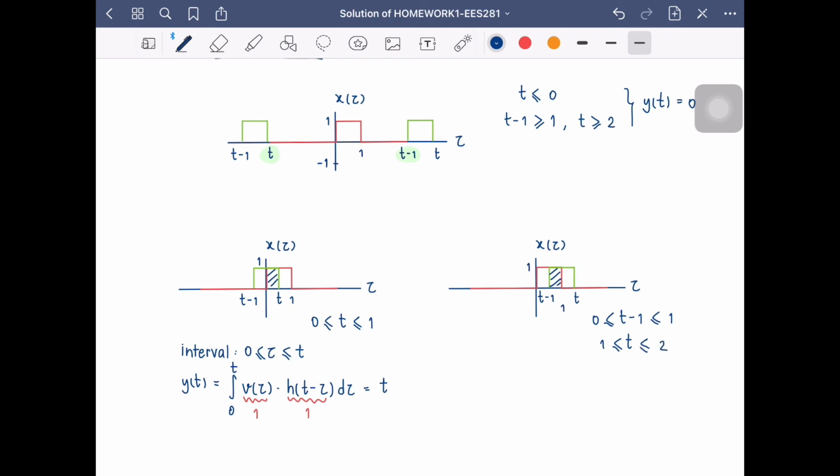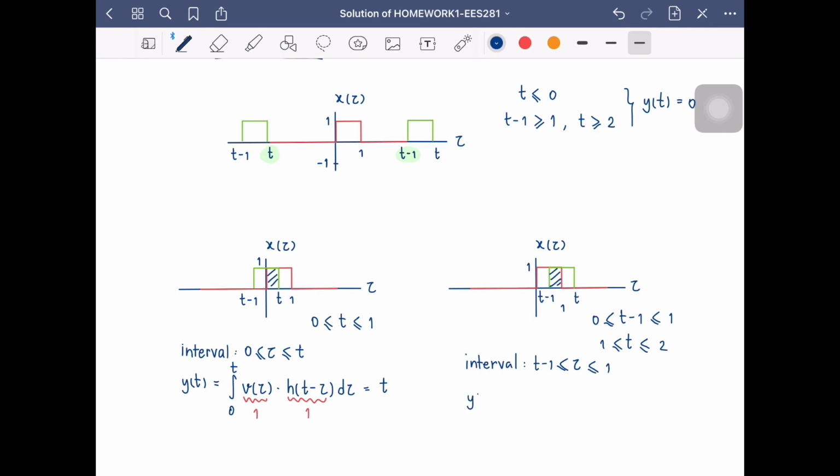Now the interval: tau is greater than or equal to t minus 1 and less than or equal to 1.